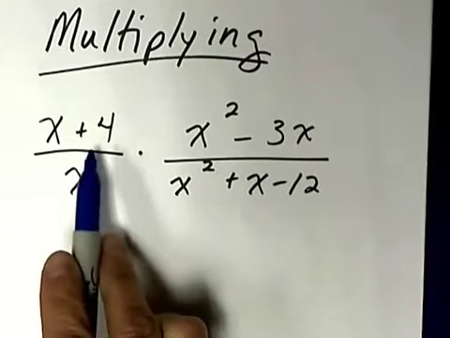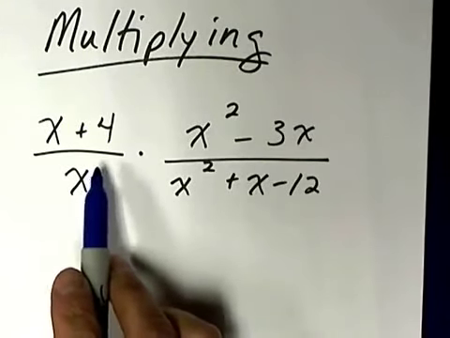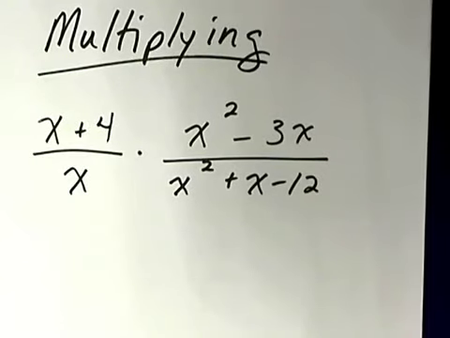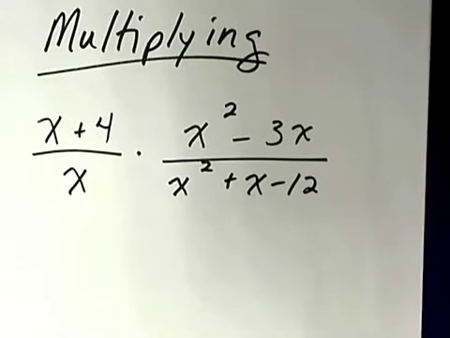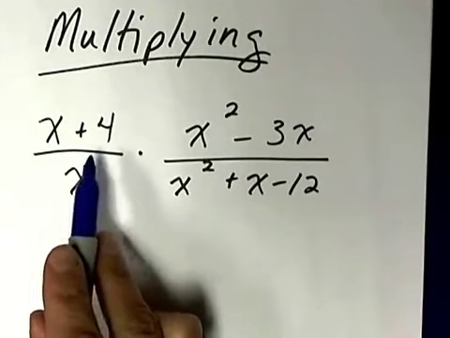X plus 4. First thing we always look for in factoring is a greatest common factor. There isn't one between an x and a 4 besides 1, and that doesn't do a whole lot for us. We look then to see, can I break that down further? Well, because my x is just an x and not an x squared, I can't break x down to anything smaller. So I know that the x plus 4 is as far down as I can make it.